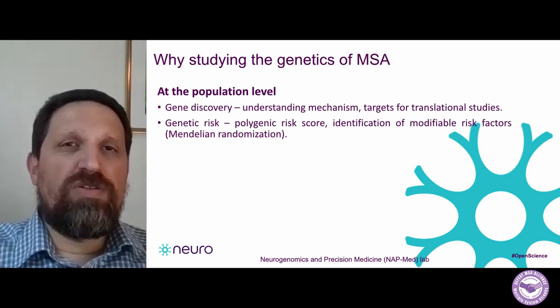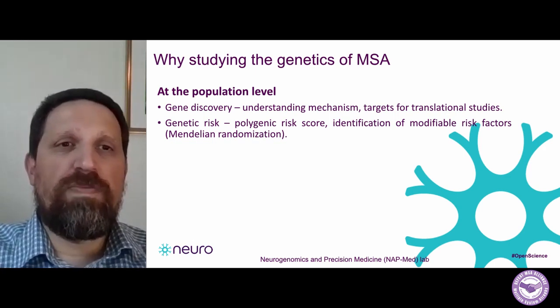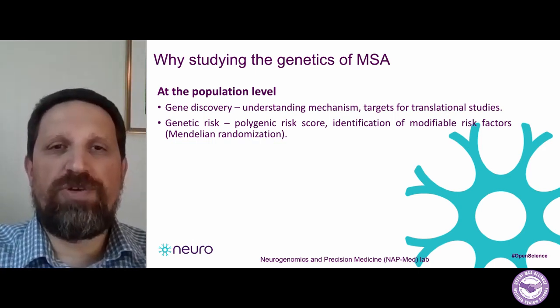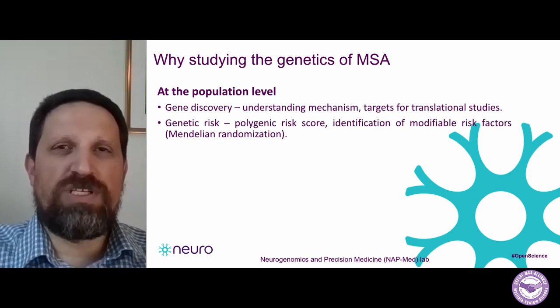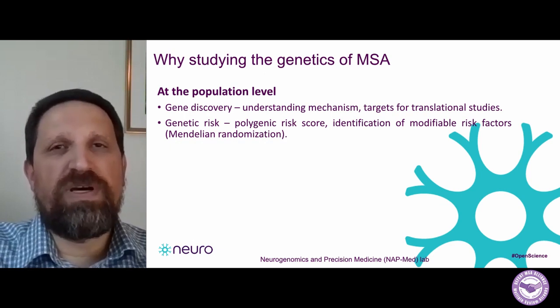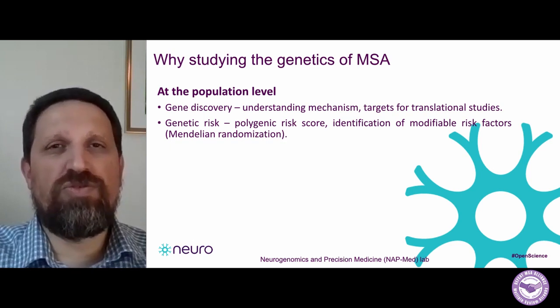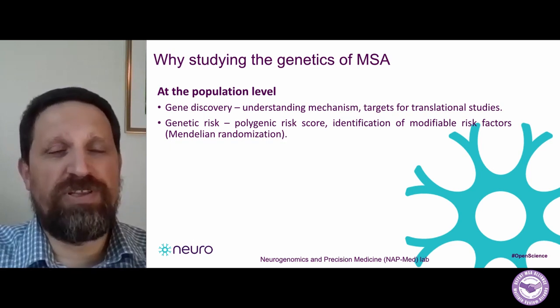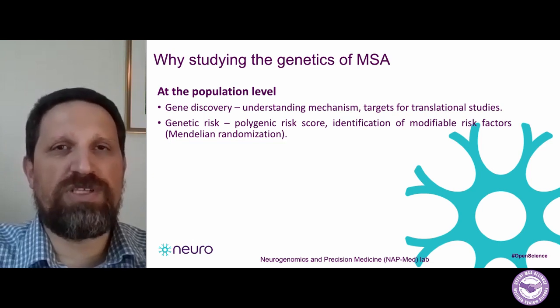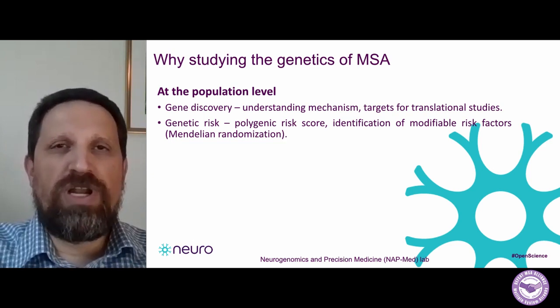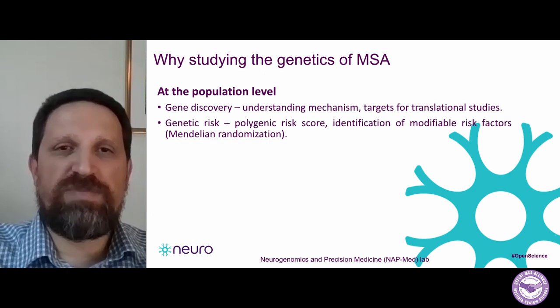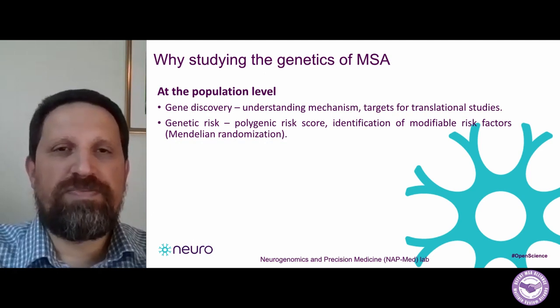And what we can do with all these variants or all these factors is to combine them into a single polygenic risk score. And I will talk a little bit about this polygenic risk score later on, but essentially it's a score that allows you to predict to a certain degree, not fully predict, but predict to a certain degree who is more likely to develop a certain disease based on their genetics.